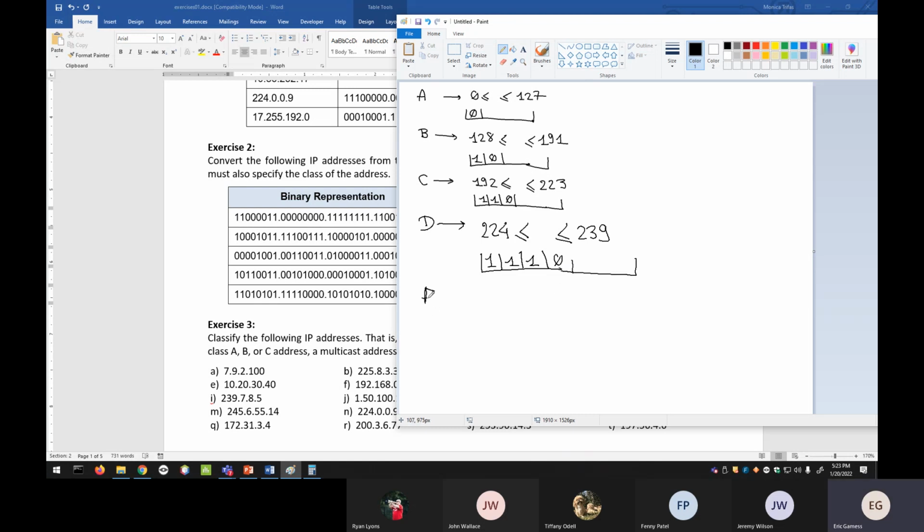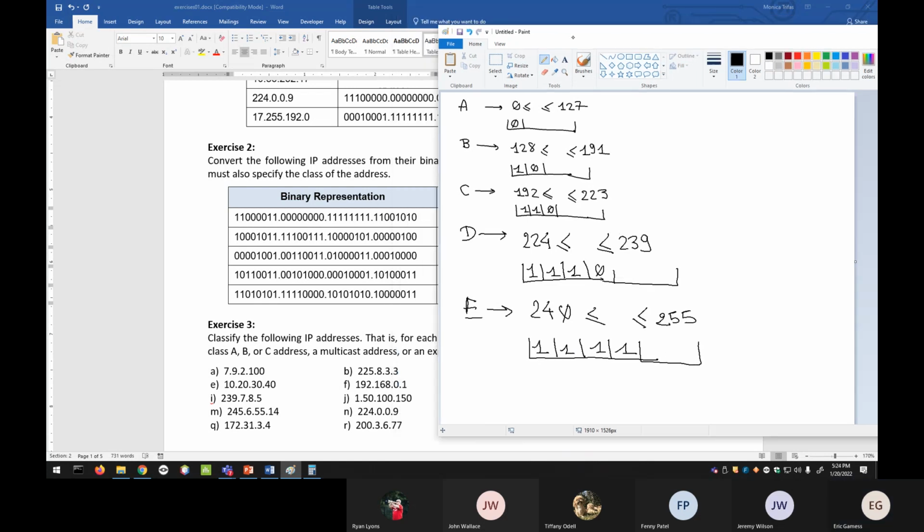And finally, remember that class D is the broadcast class. And finally, the experimental class: the first byte has to be between 240 and 255. And the first 4 bits will be 1, 1, 1, 1.